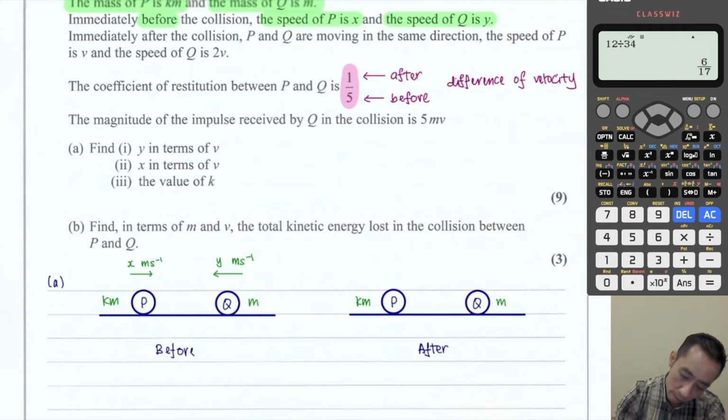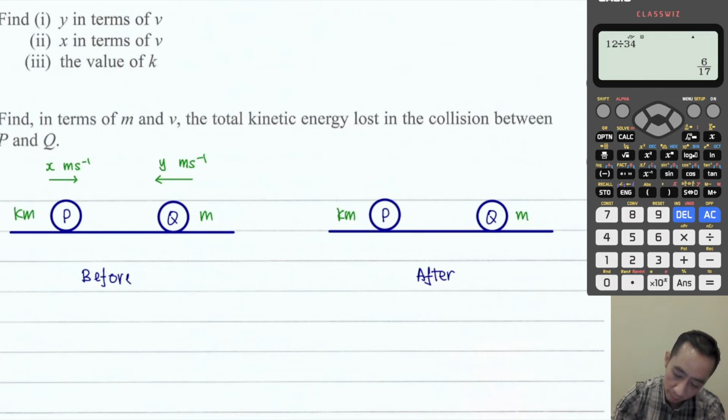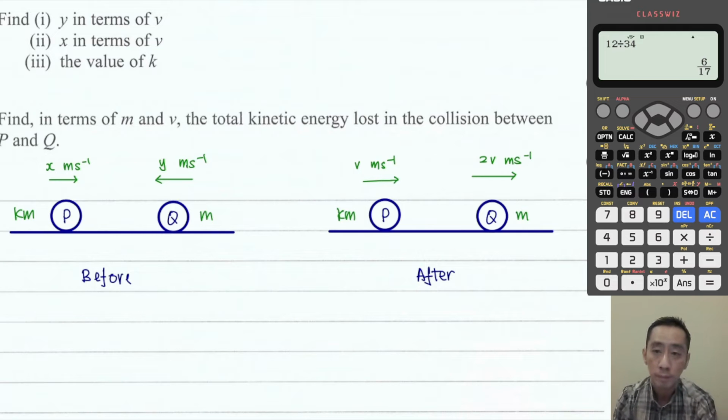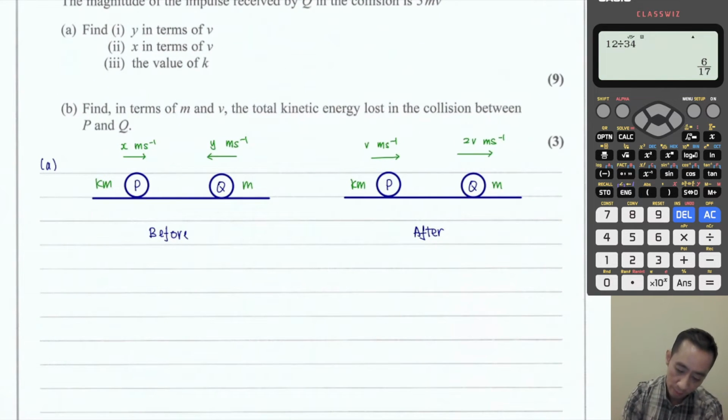Okay, then after that, they're moving in the same direction. Speed of P is V, speed of Q is 2V. So this one is V, and then this one is 2V. So basically, these are all the information that we have.